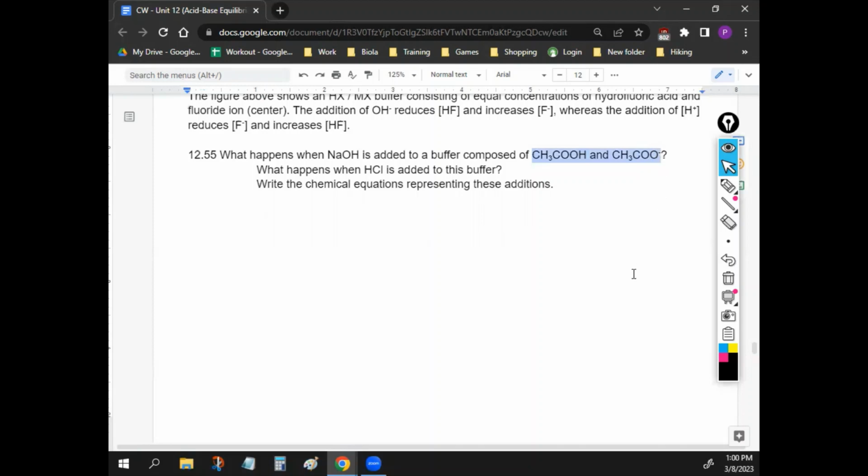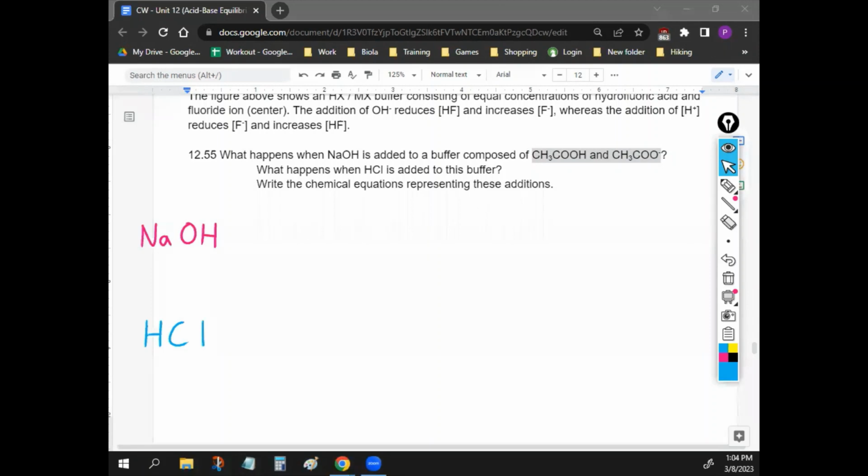Figure out what happens when NaOH is added to this buffer. Second scenario, what happens when HCl is added? Write the chemical equations that represent both additions, like the formula. Try that out, and then we'll go over it together.